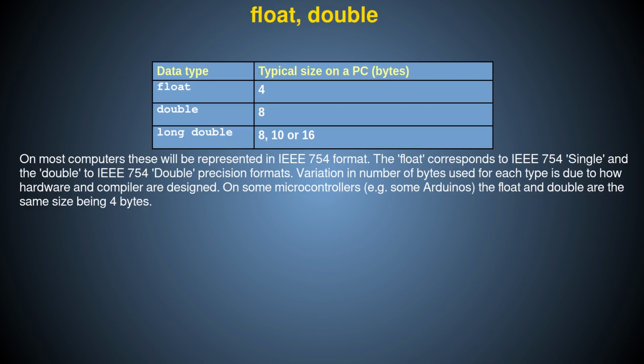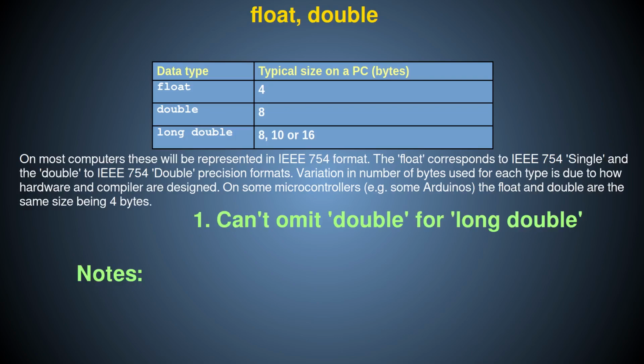A few practical points to bear in mind when using floating point data types are: 1. Unlike with integer data types, you cannot omit the word double after long, because otherwise the compiler will assume it is a long int. 2. There is no signedness qualifier for floats and doubles, because the IEEE 754 standard inherently represents both positive and negative numbers. And 3.